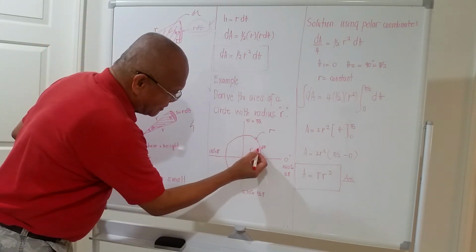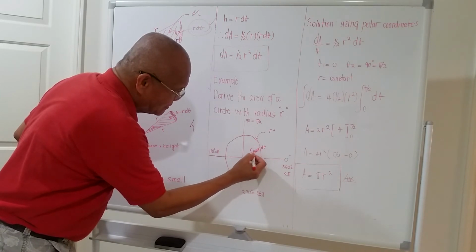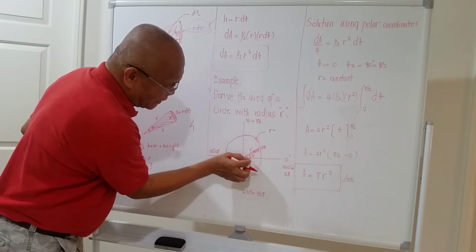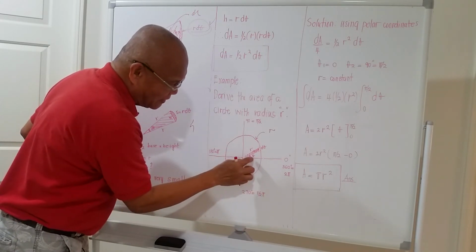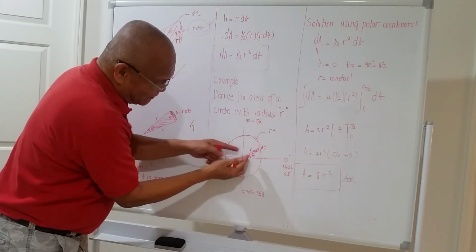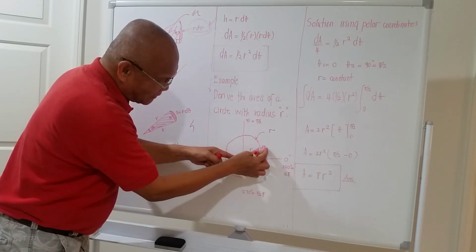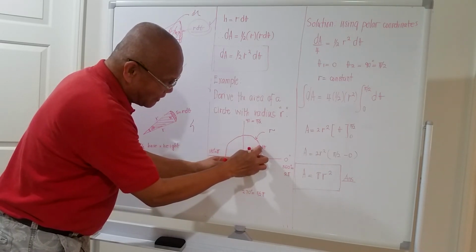This is the differential area. The angle between this differential area with respect to the 0 degree is theta. The angle inside is differential theta. This is r.